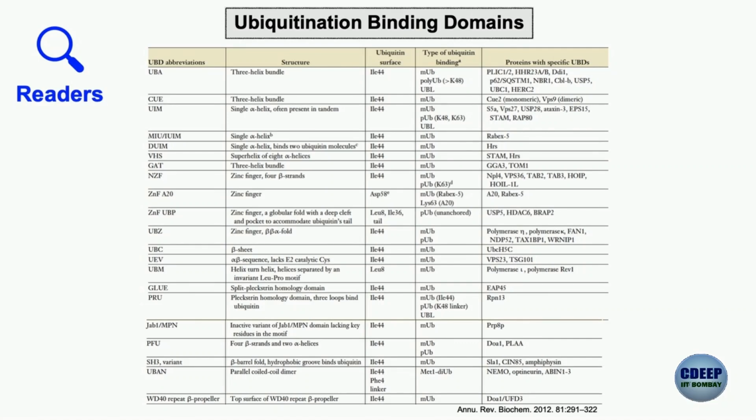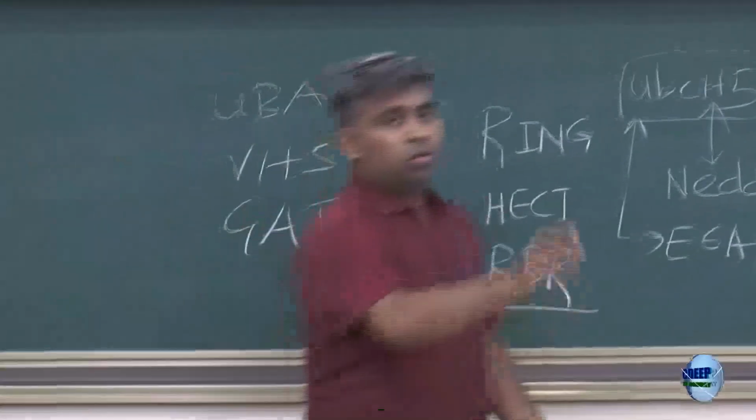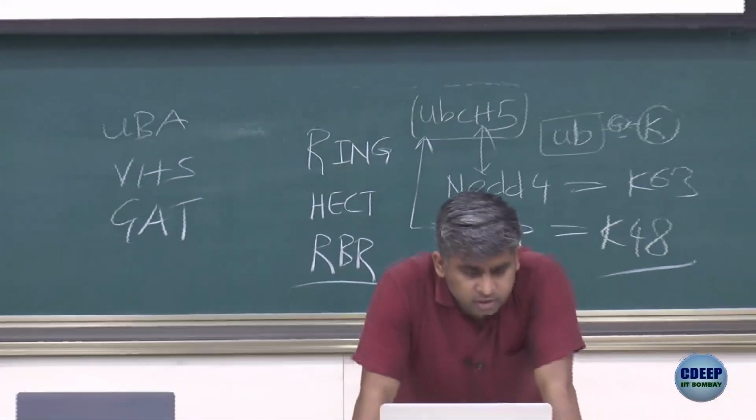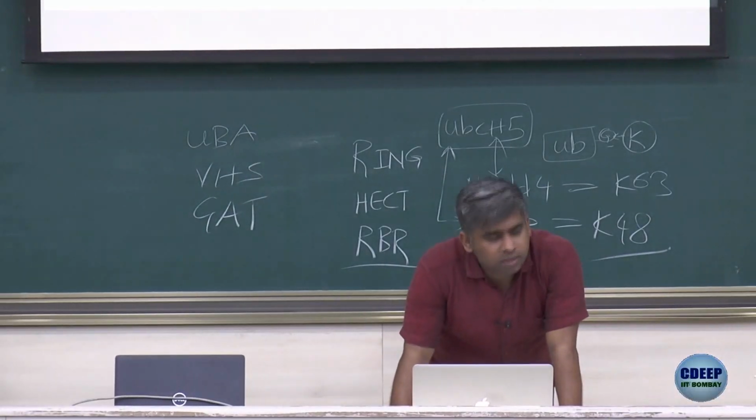Like that, there are so many proteins which have the ability to go and recognize ubiquitin or ubiquitinated proteins, and these proteins have different types of domains like UBA domain, or there is VHS, or there is GAT, and then there are so many of those, the whole list is there.